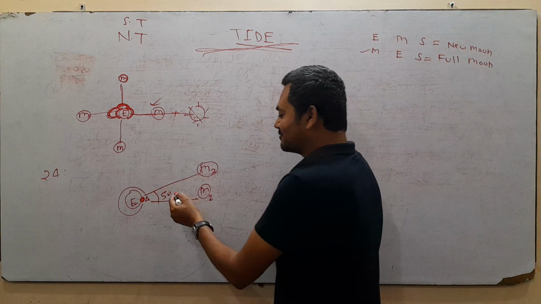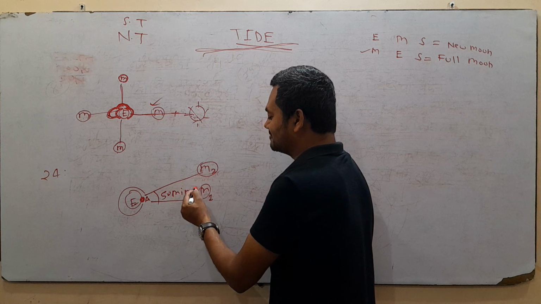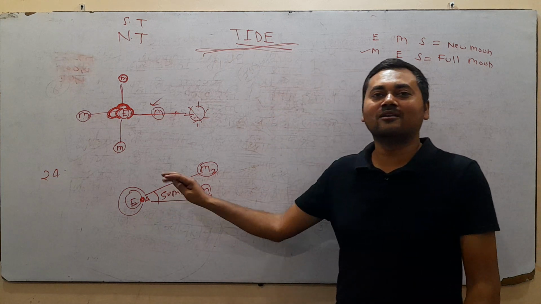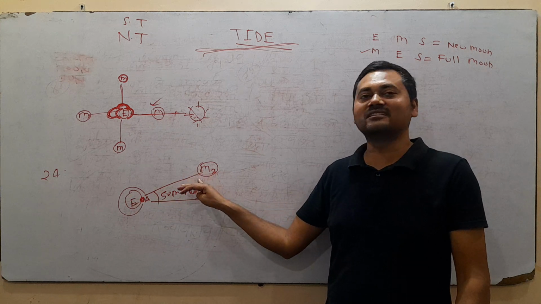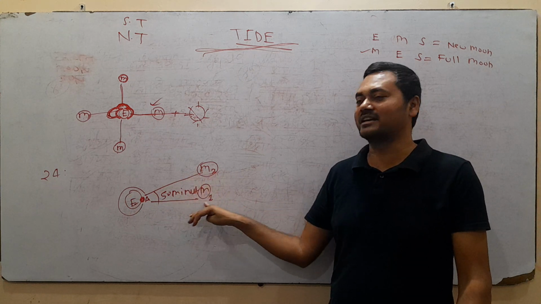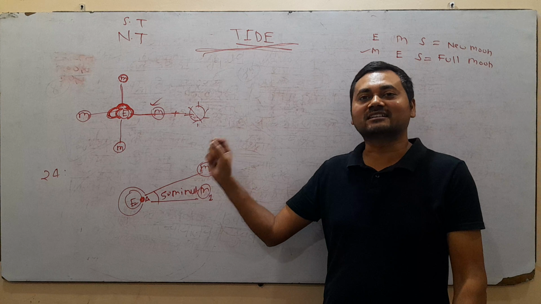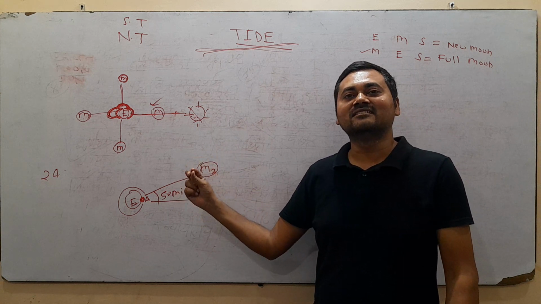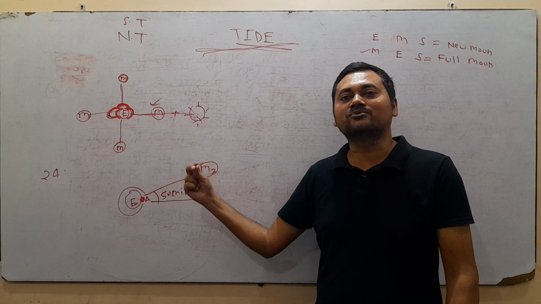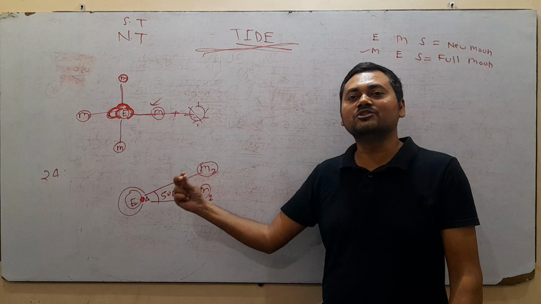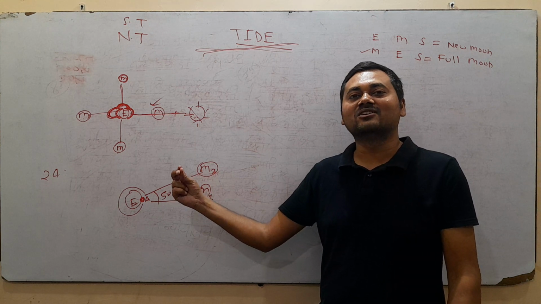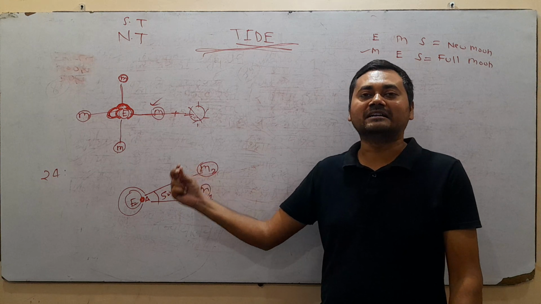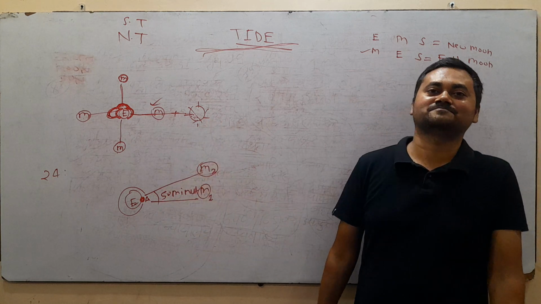So you require about 50 minutes more in order to come exactly under the moon, as the moon has also covered a certain distance in that 24 hours in which the earth had completed one of its rotations.